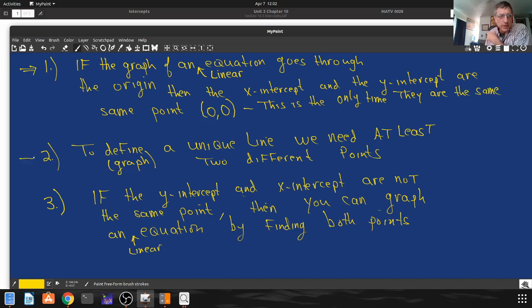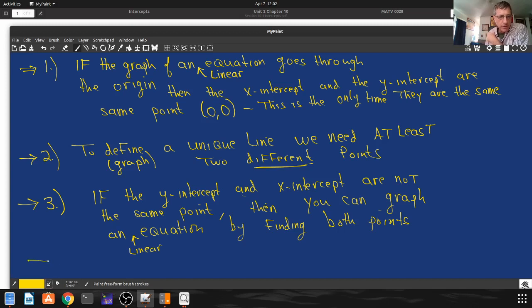Two, in general, to graph a unique line, we need at least 2 different points. And 3, if the y-intercept and the x-intercept are not the same point, that means we get 2 different points, and that allows us to graph an equation by finding both points. What happens if they are the same point? What happens if the graph goes through the origin?